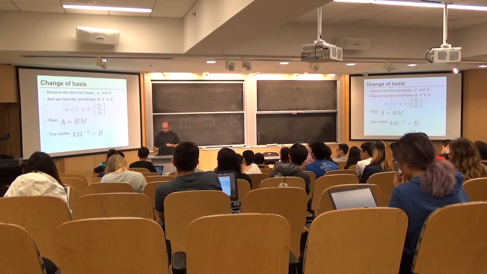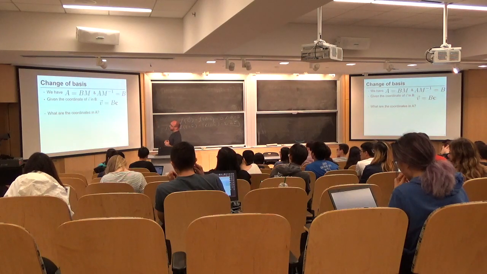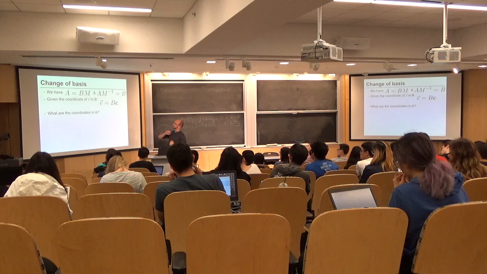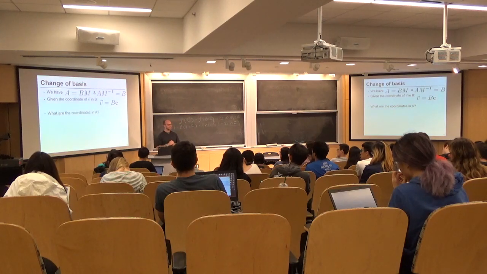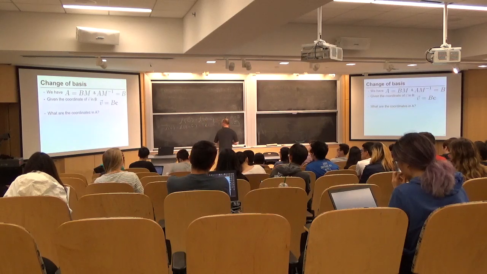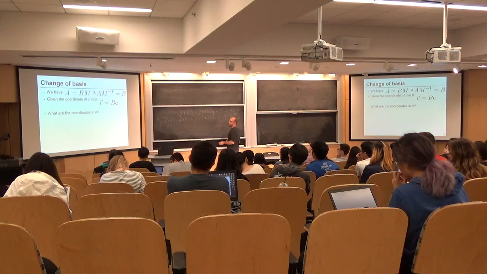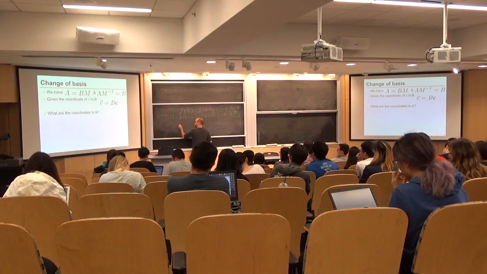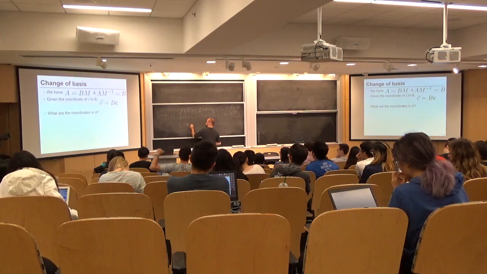Okay. So let's say I'm given a vector v in the B coordinates, and I'd like it in the A coordinates. How would I do that? There are many ways to derive these kinds of formulas. The way I typically do it is, okay, v equals B times c.